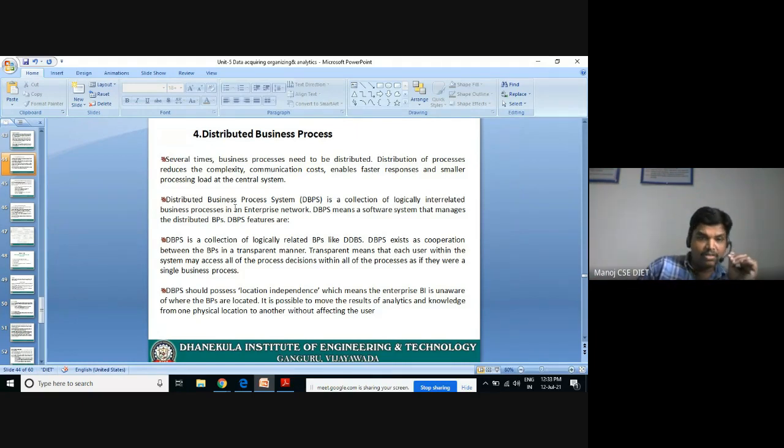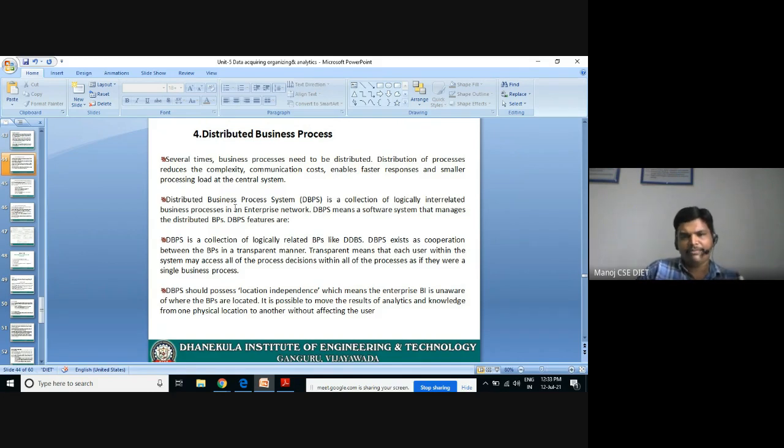So with the help of this DBPS, it possesses location independence, which means enterprise business intelligence is unaware of where the business processes are located. You can use it remotely and virtually. You can utilize it anywhere from anywhere else.